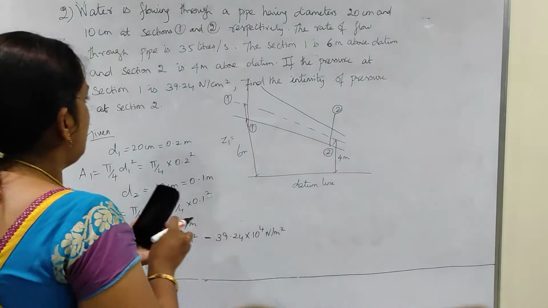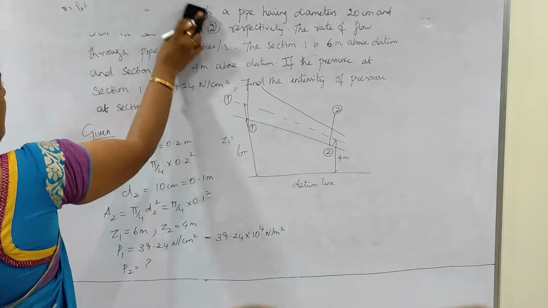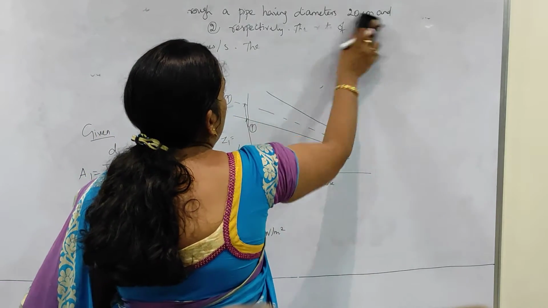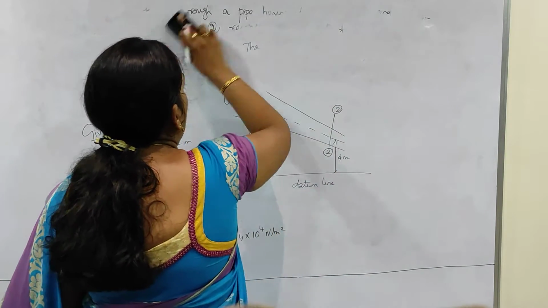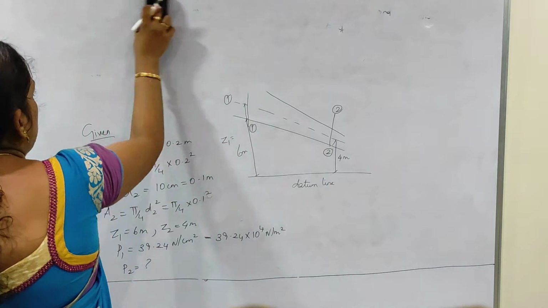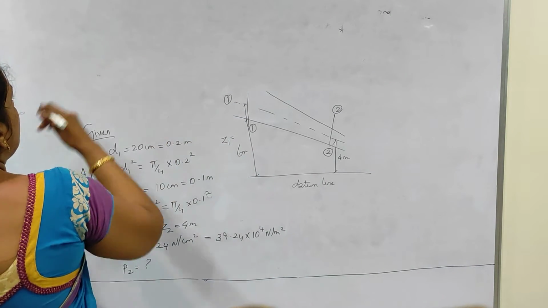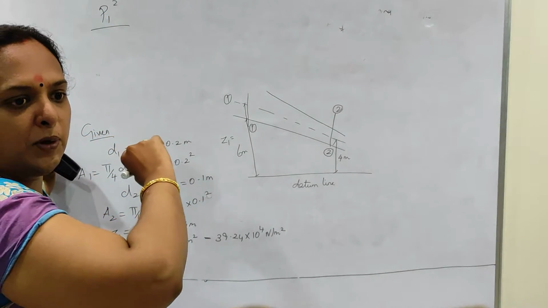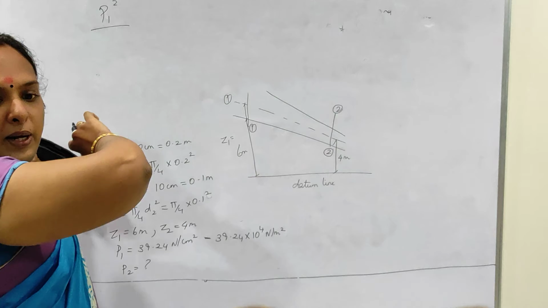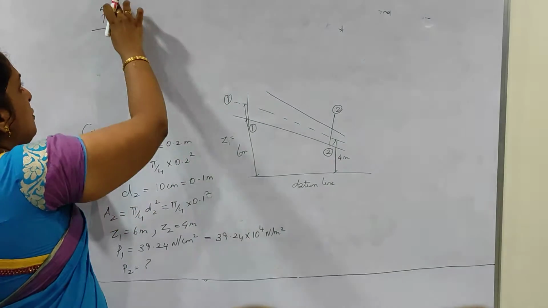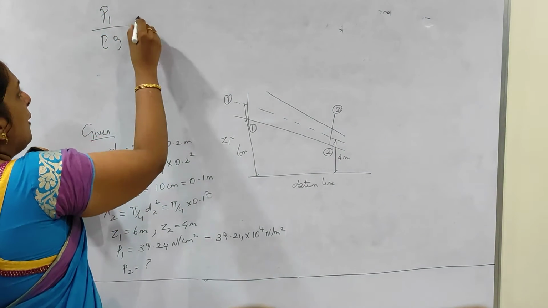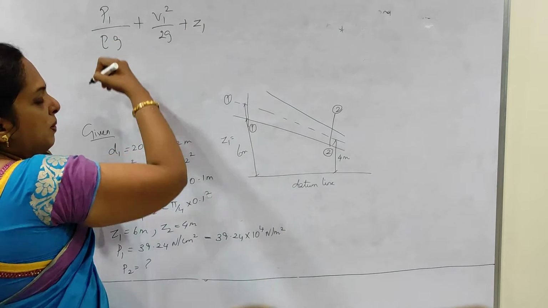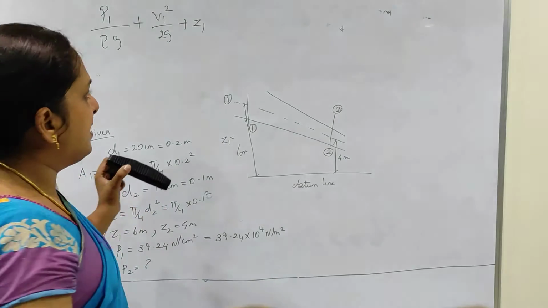The Bernoulli's equation is P by rho g plus V square by 2g plus Z is equal to constant.